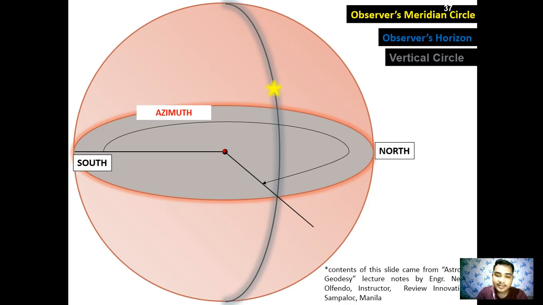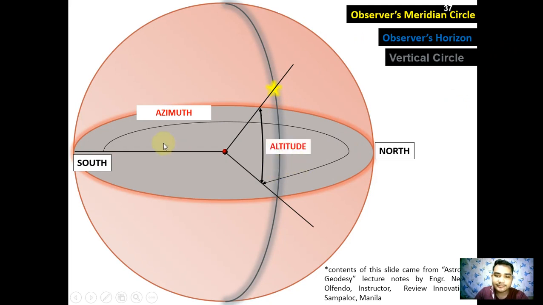And the other one: since one parameter is along the observer's horizon, we need another parameter from the vertical circle. In the vertical circle plane, we have this angle from the horizon going to the star that you want to locate, and that angle is what we call altitude.